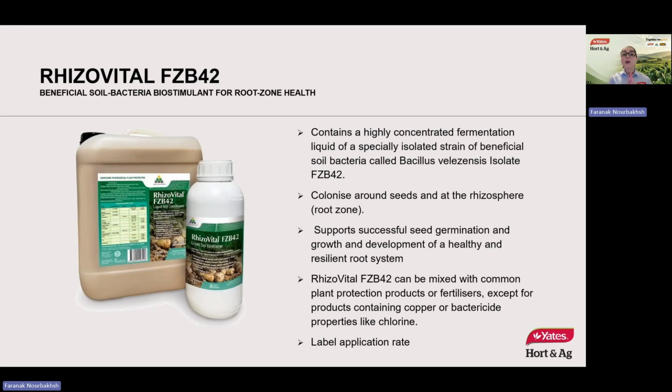Rhizovital can mobilize this locked up phosphorus and make it available for plants, and that's an additional benefit of this product, which you can consider as part of your root zone and crop health strategy.